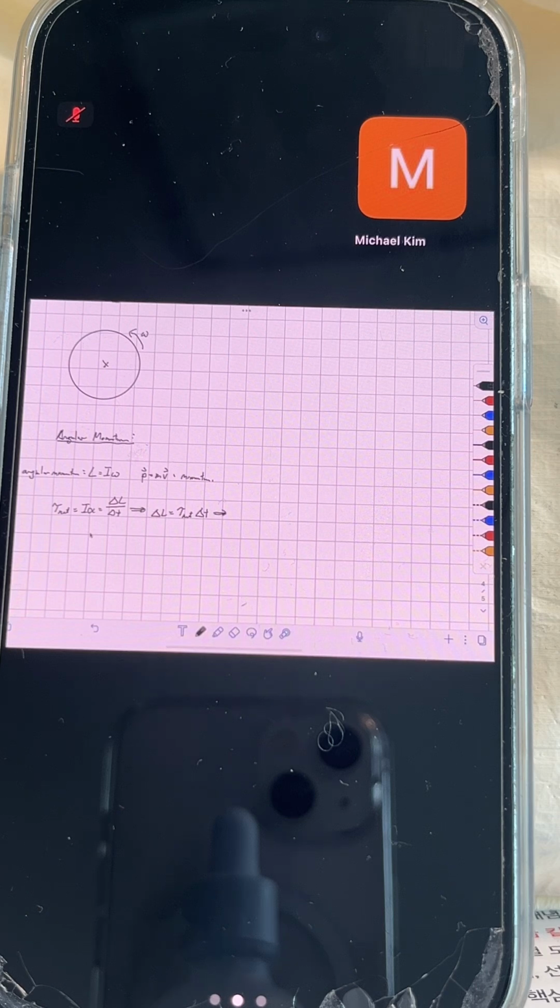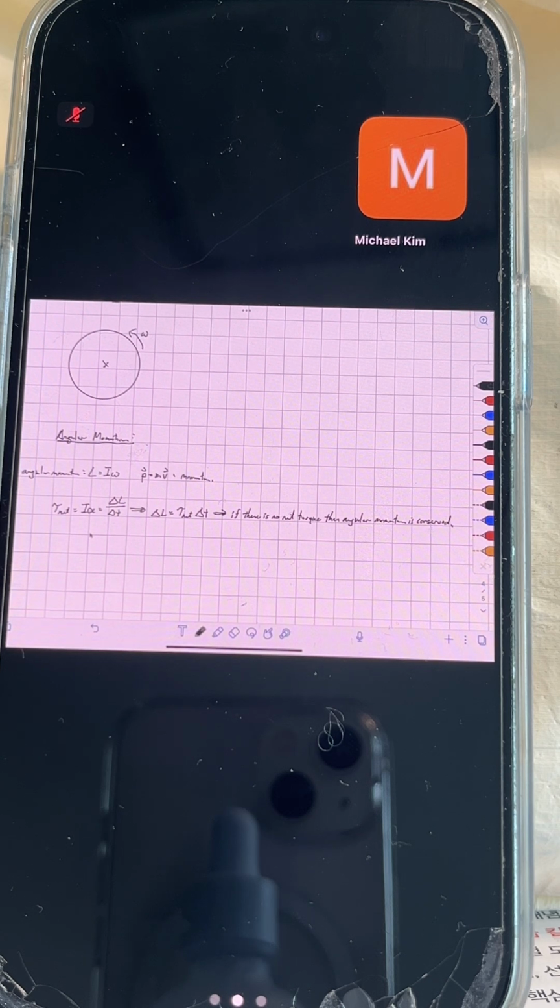And so what this tells us then is if there is no net torque, then we know that angular momentum is conserved.